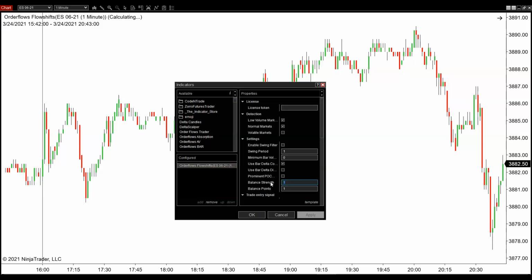Let me tighten it up. I'll set it to 3 and 3, just to give you an example. I think 3 and 2 is the default settings, but 3 and 3 is not normal strength, it's a bit strong. So you're going to see less signals.